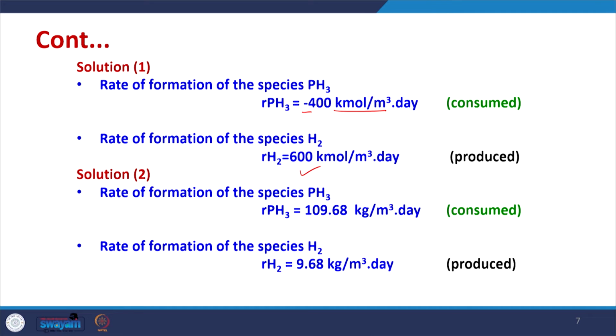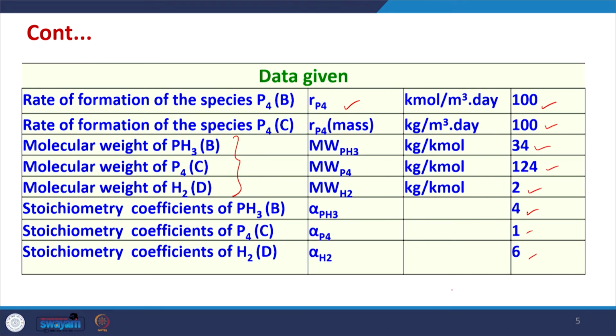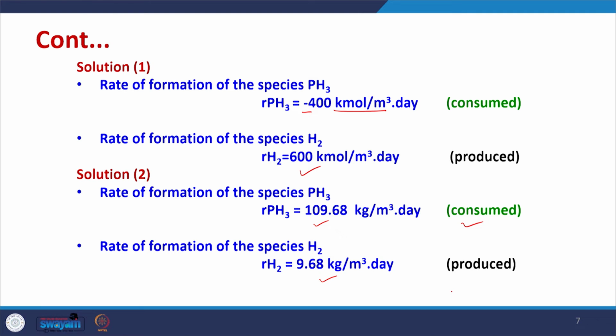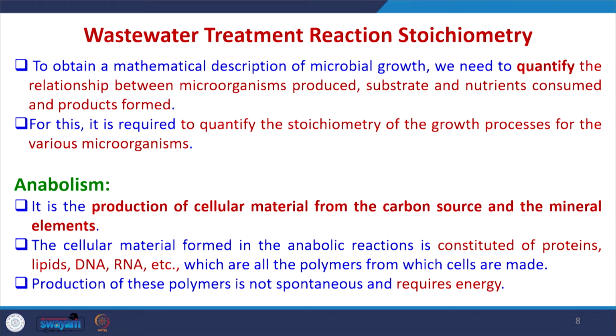Similarly, the rate of formation of species PH3, which is getting consumed, is minus 109.68 kg per day, and rate of formation of species H2 is this. So, we can use the rate of formation equations for finding out the rate of formation and consumption of all other species.